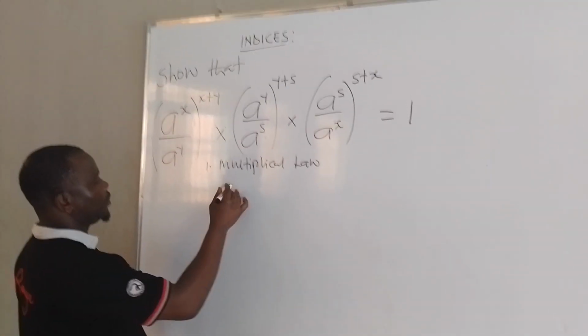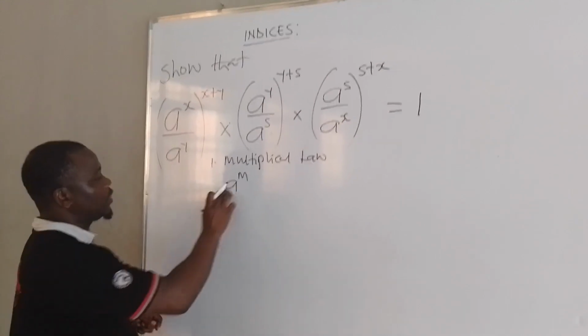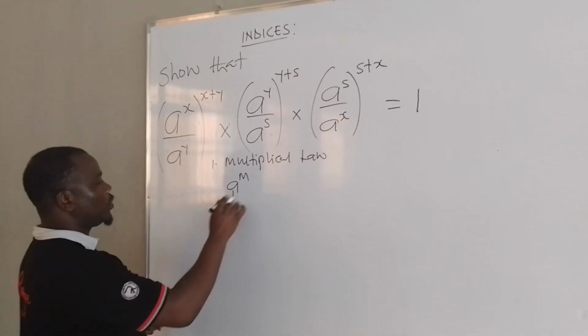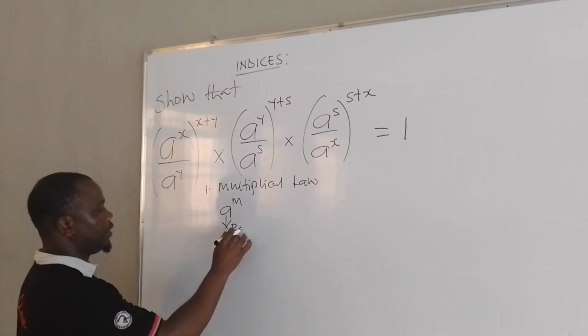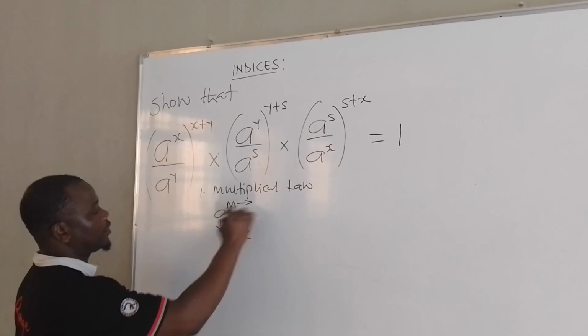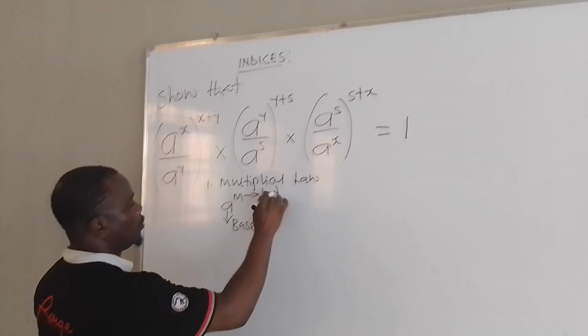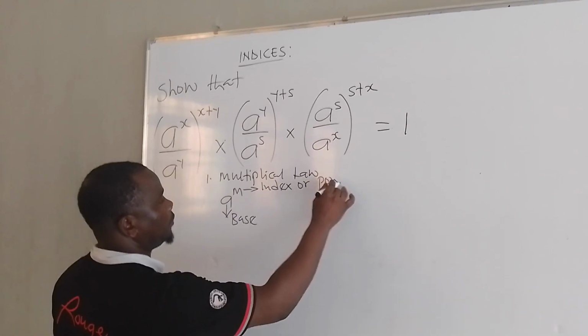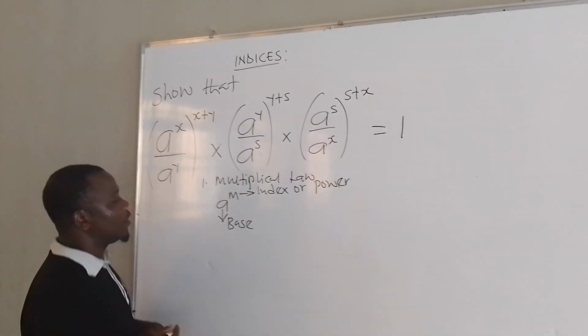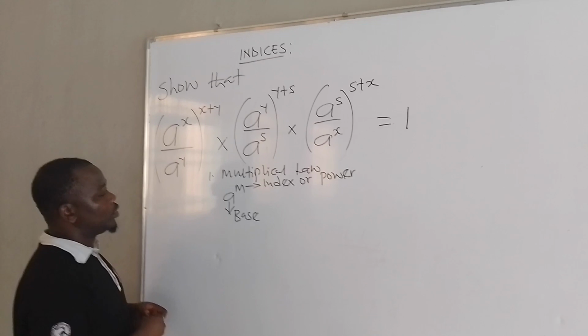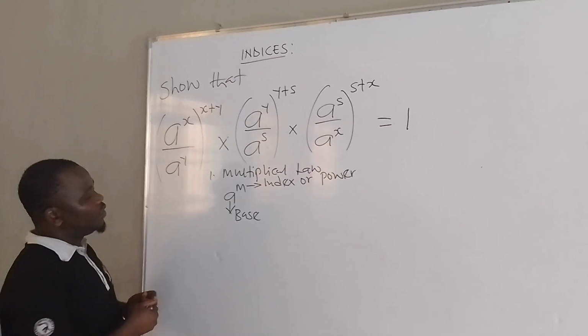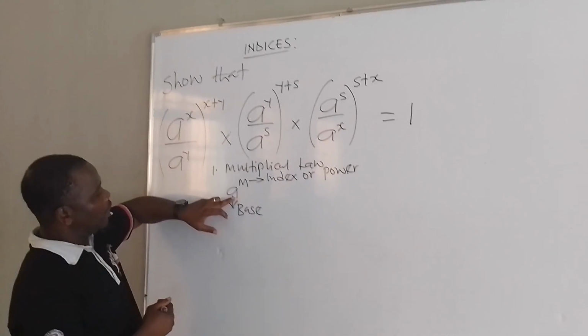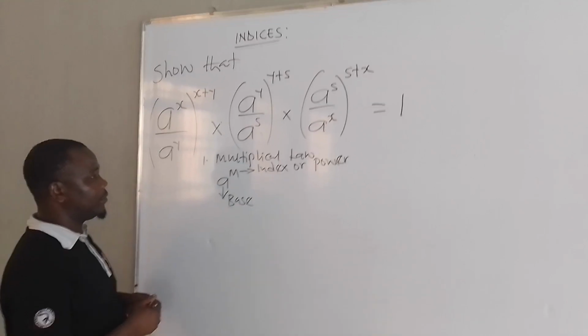If we have a raised to power n, note that this is called the base and this is called the index or power. You agree with me? So you discover that we have a raised to the power of n.